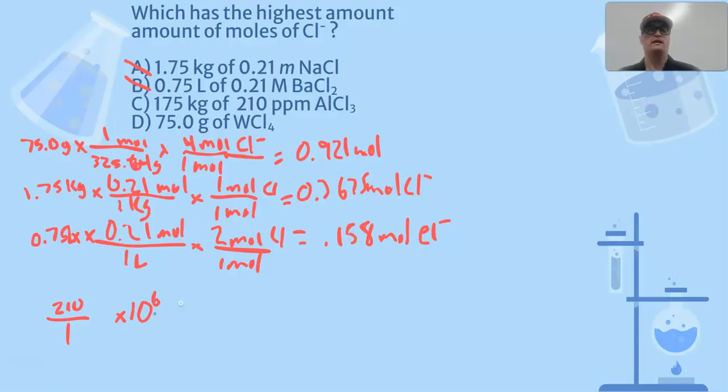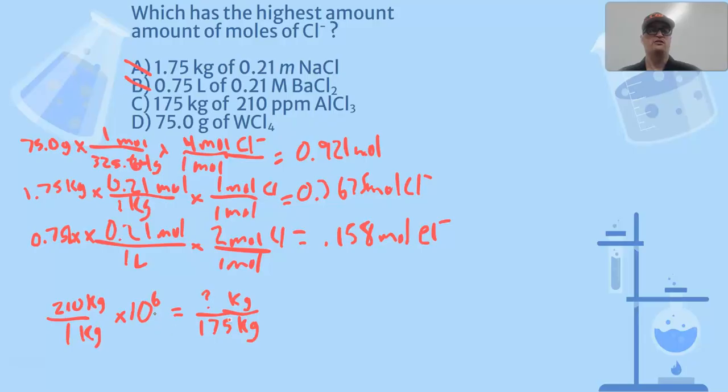So in order to make it easy to compare that, this is the mass of my solution, I want to know how many kilograms of my solute are present if I had 175 kilograms. So I want to make these also kilograms in order to make all my units the same here, right? And this is just a multiplication factor to make it a billion.